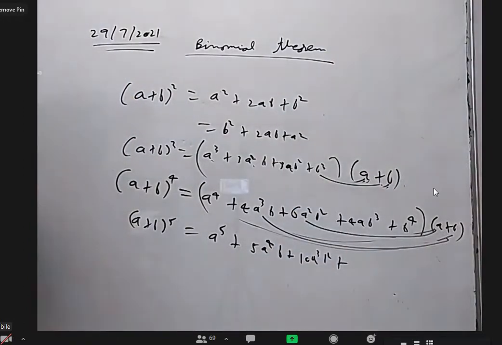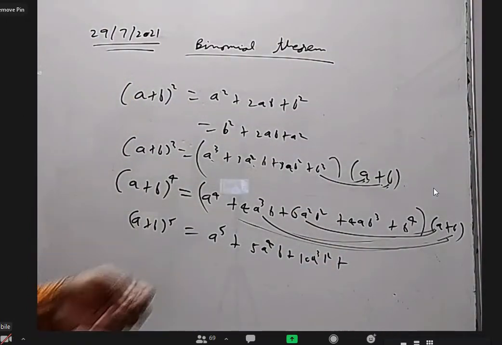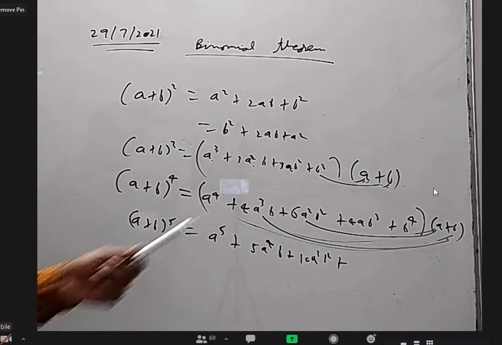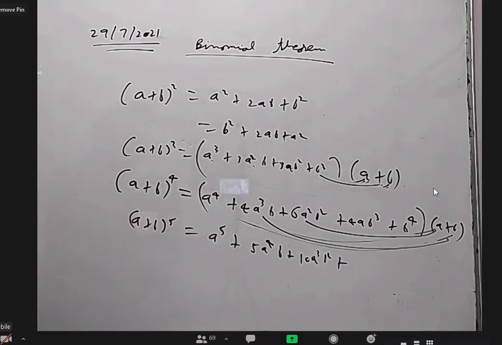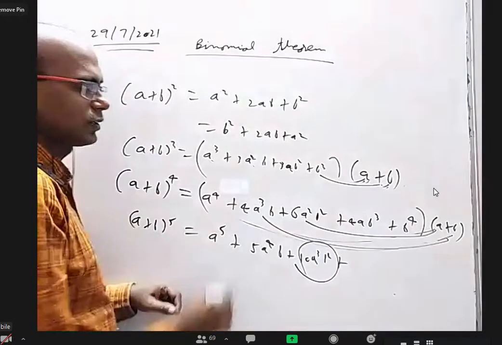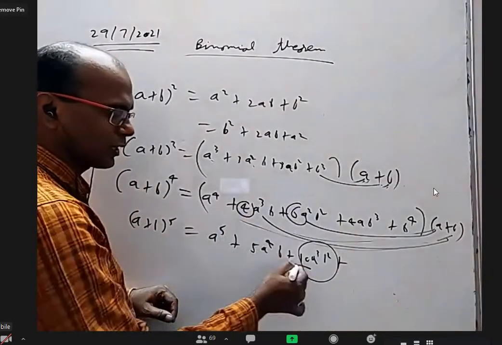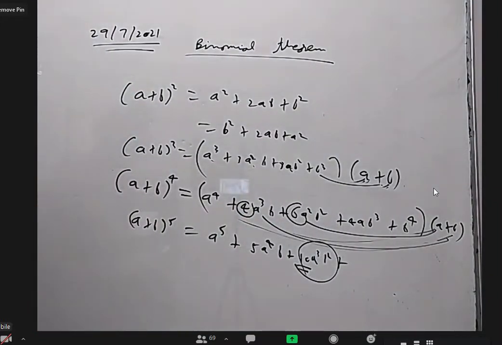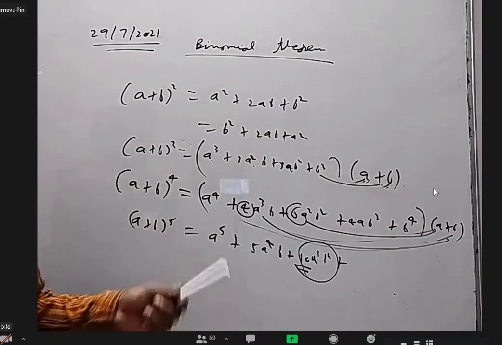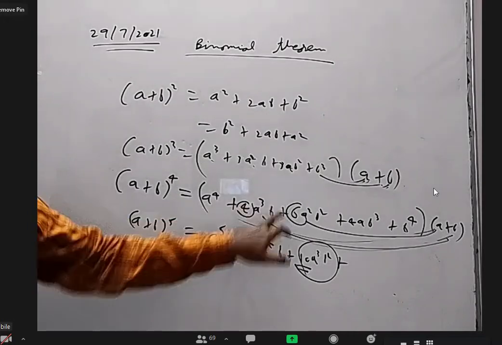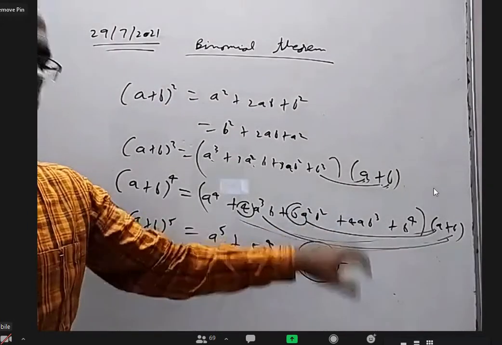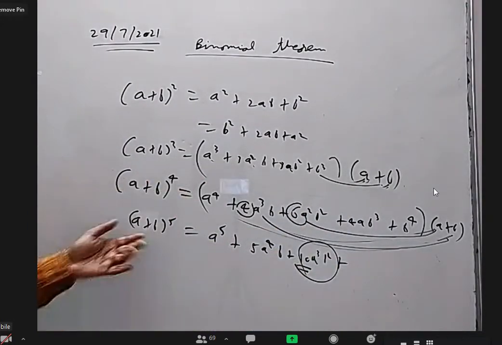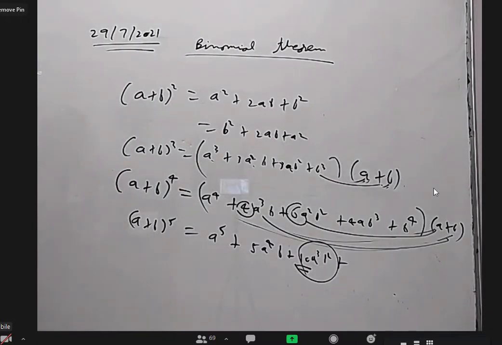So we can get (a + b) whole power 5, right? There's a reason I'm explaining. We can go on getting them, but you can see why in Pascal's triangle we are adding two numbers to get the next number. If you want this, are you not adding this 4 and 6 to get that? There is a very good reason why Pascal's triangle is built up. By adding two things, you get the next one. You can see that when you are trying to find it. Am I correct or not?